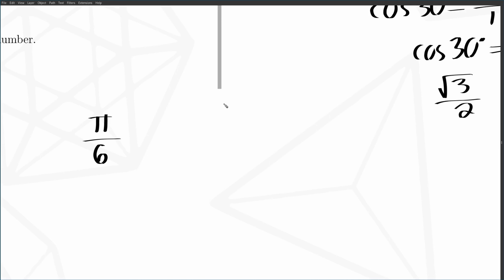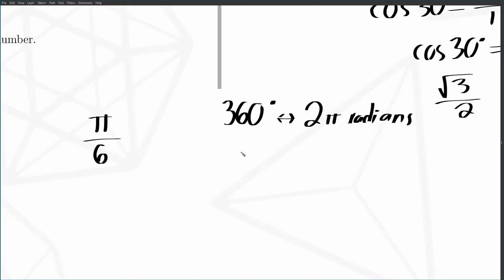So in a circle, there are 360 degrees, while there are 2 pi radians. Dividing both by 2, this means that for every pi radians, we have 180 degrees.